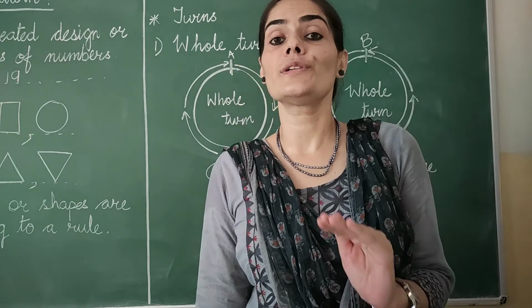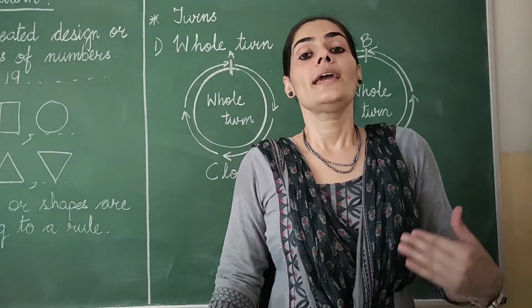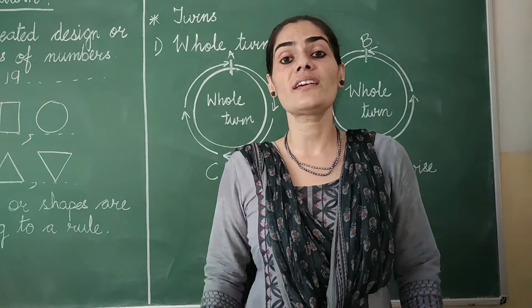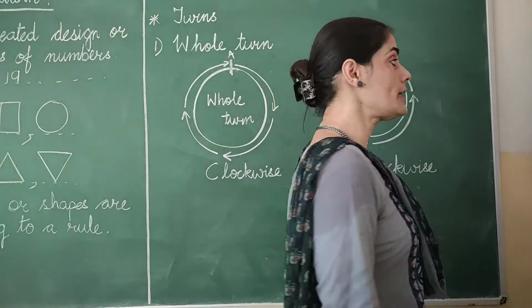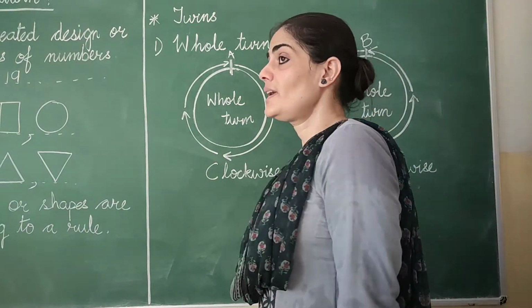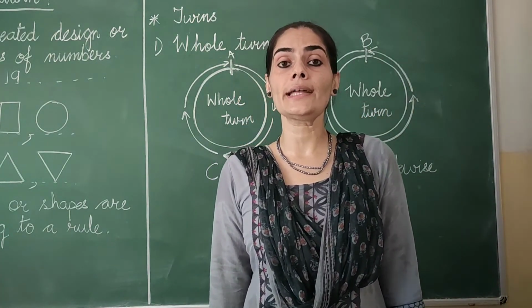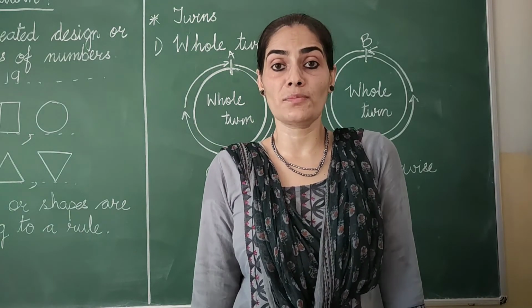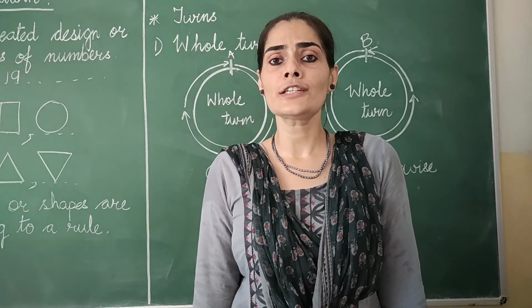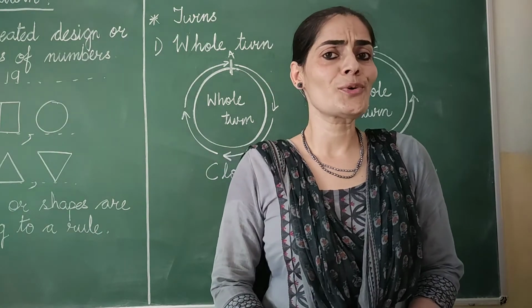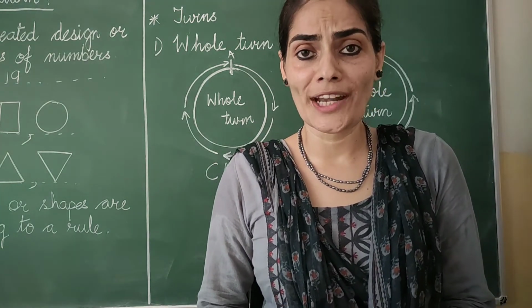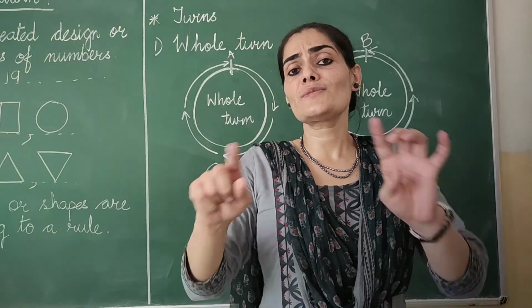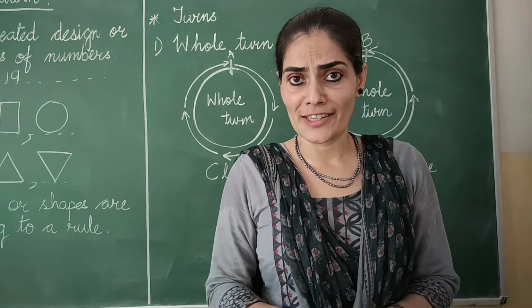Now don't feel that one full turn is possible in mathematics itself. It is possible practically also. If I am facing the camera, I turn like this. I complete one full rotation and again I am facing the camera. That means I have taken one full turn. And some of you might have enjoyed the swing which is made with the help of a tire.